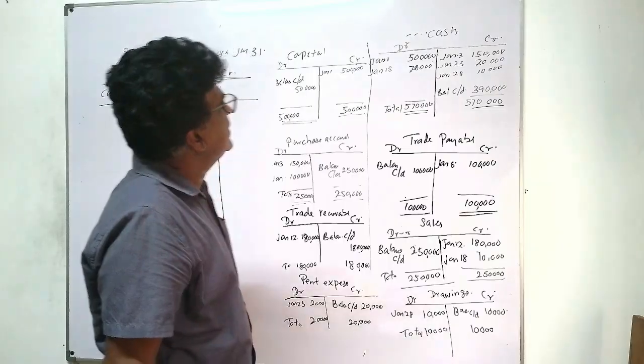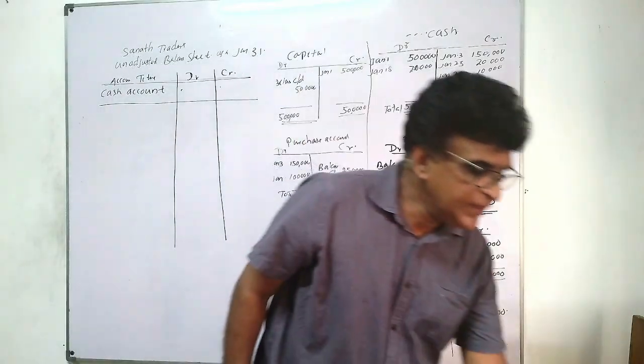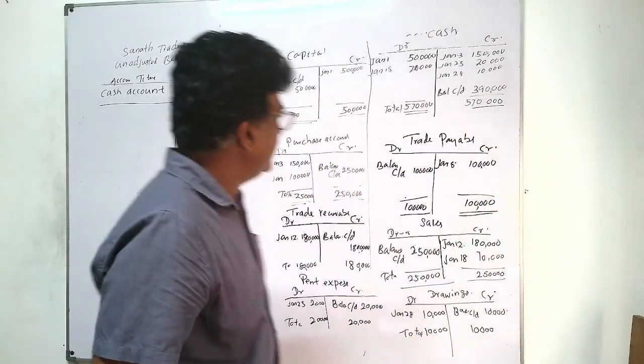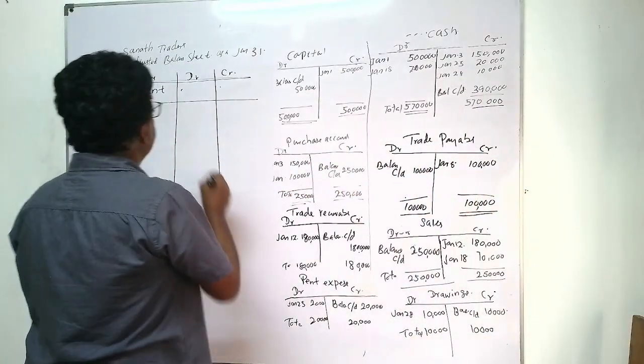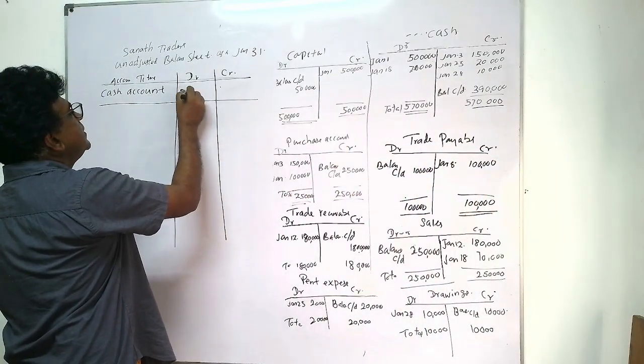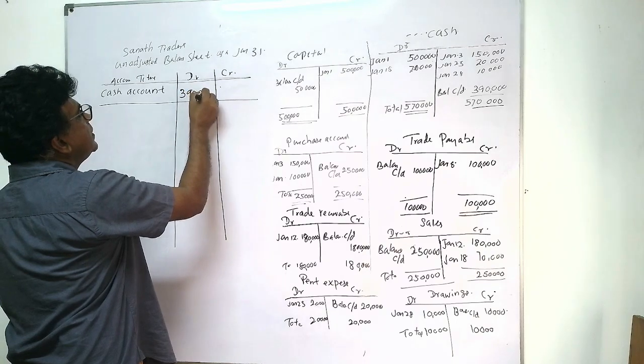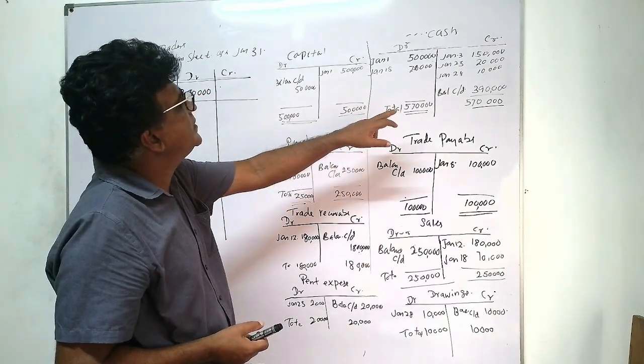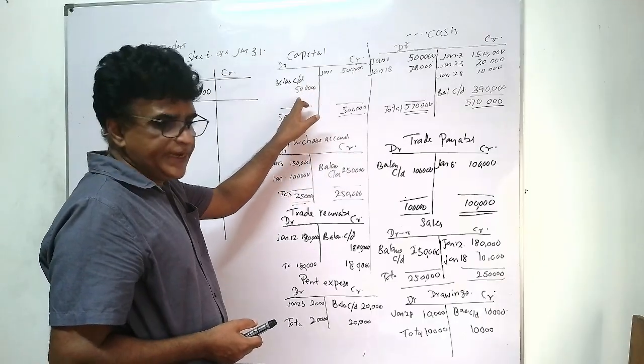That is a debit balance. Cash account has a debit balance, capital account has a credit balance.